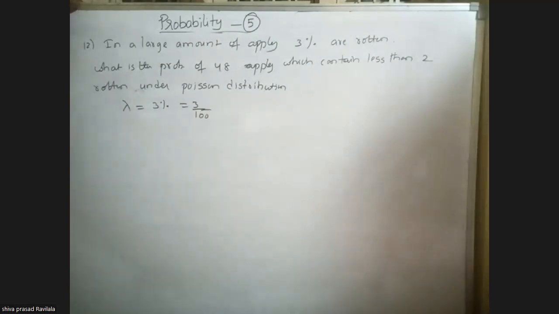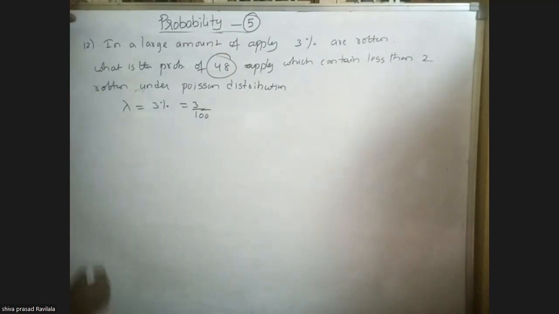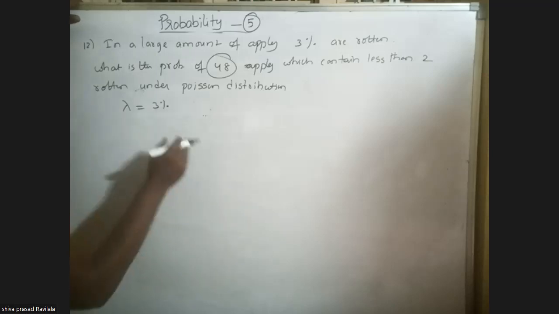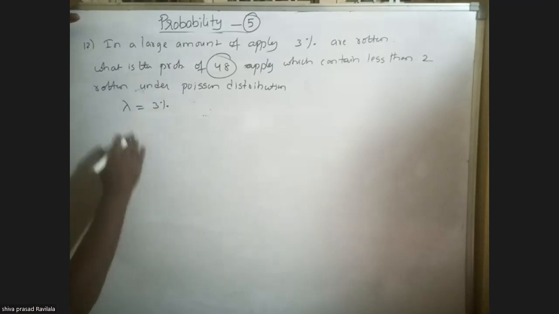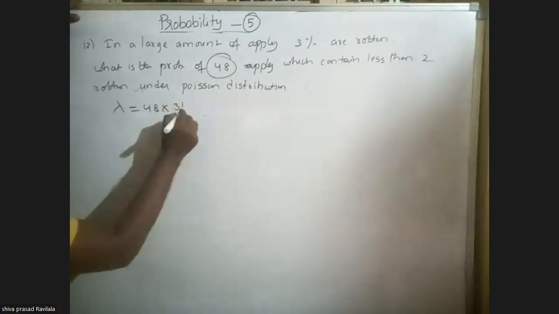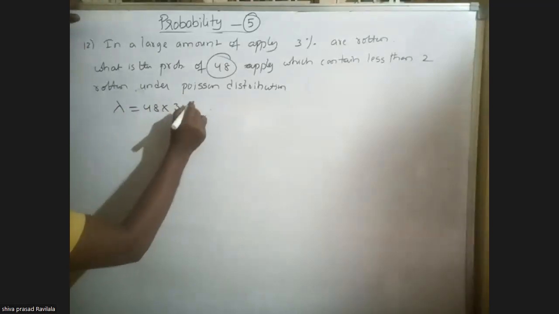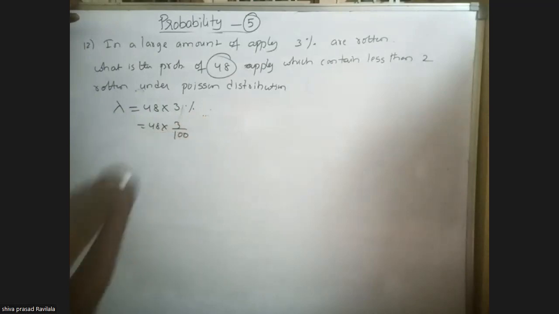Moreover, there are 48 apples, so lambda is equal to 48 into 3%, that is 48 into 3 by 100. If we calculate this, we get some value.